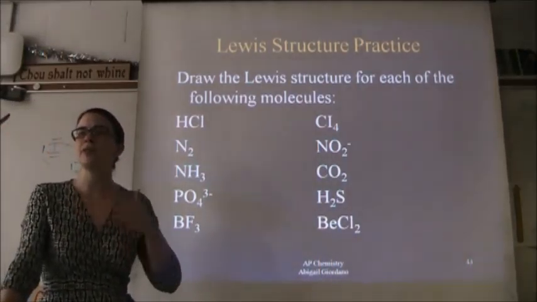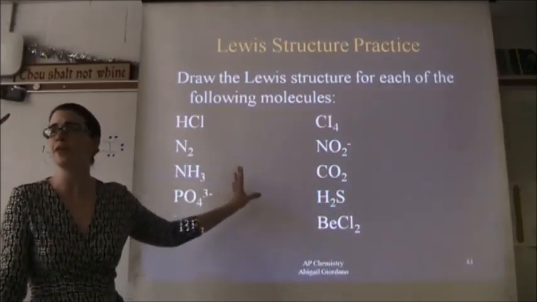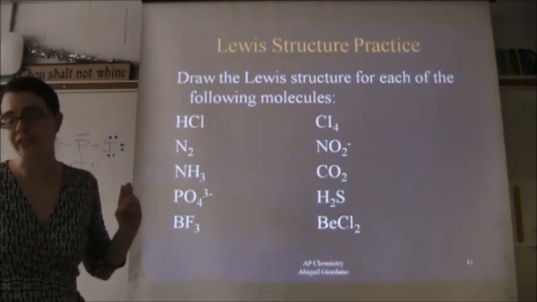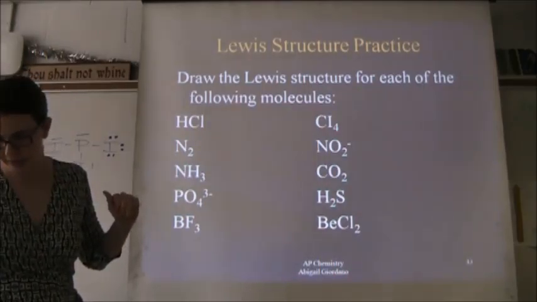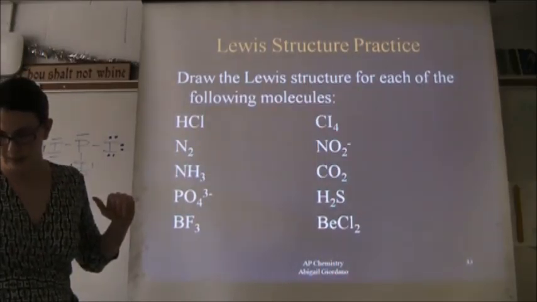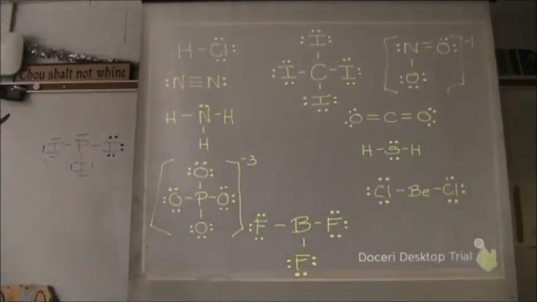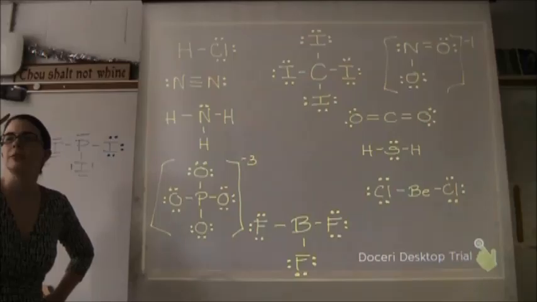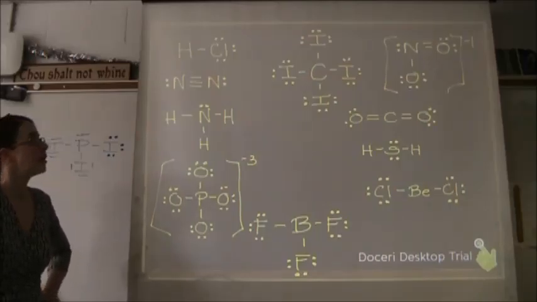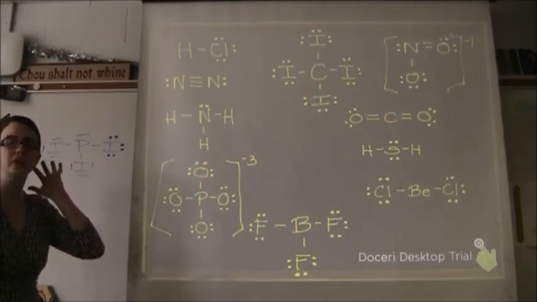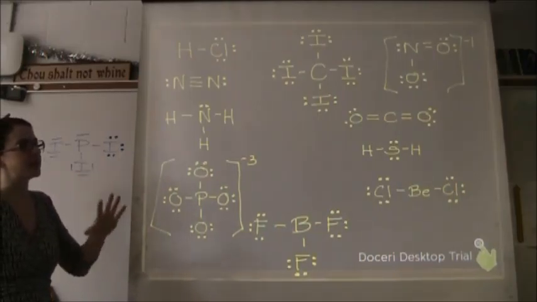So, guys, I'm going to put up the drawings. You may not have gotten through all of them, and that's okay. But check the ones that you did get through at least. I'm proud that I got them all on one slide. Guys, let me say one more time. The way that you have drawn your Lewis structures doesn't actually matter.